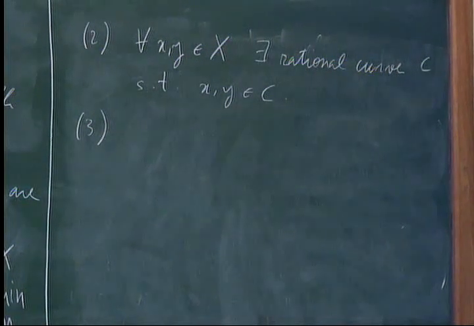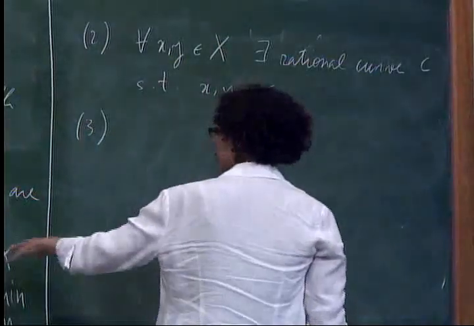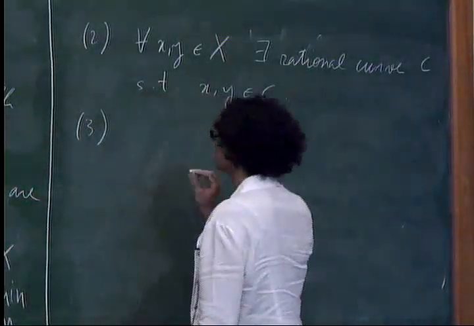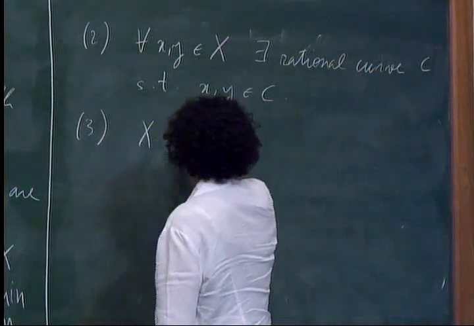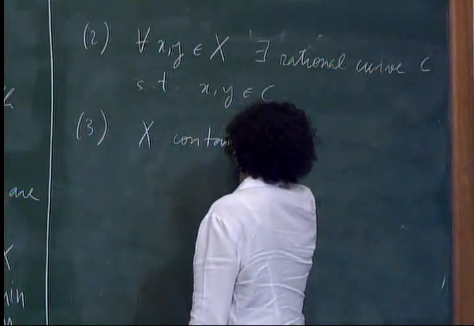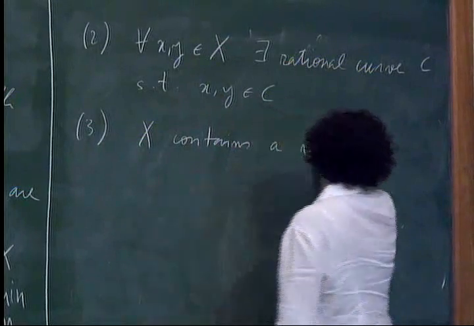Again, these conditions can be detected in a single curve, which is a very free curve. So X contains a very free curve.